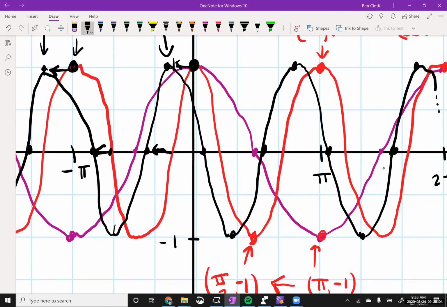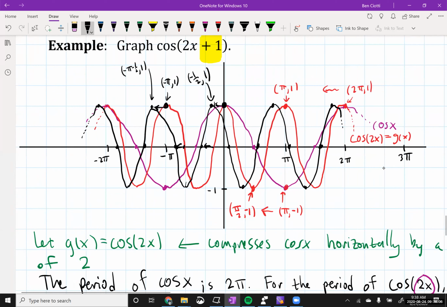There we go. Okay, so I moved everything to the left by a half.